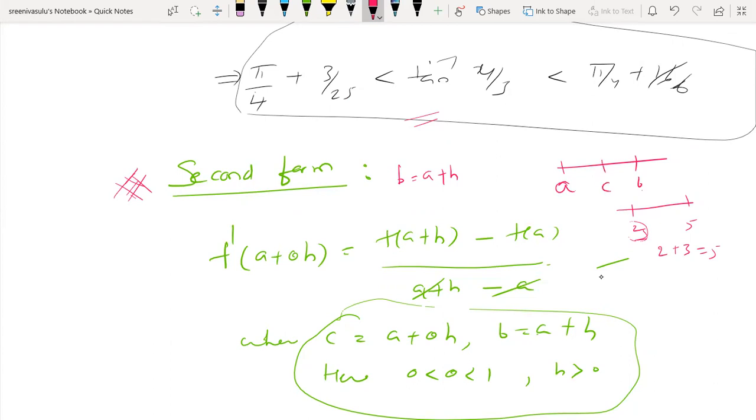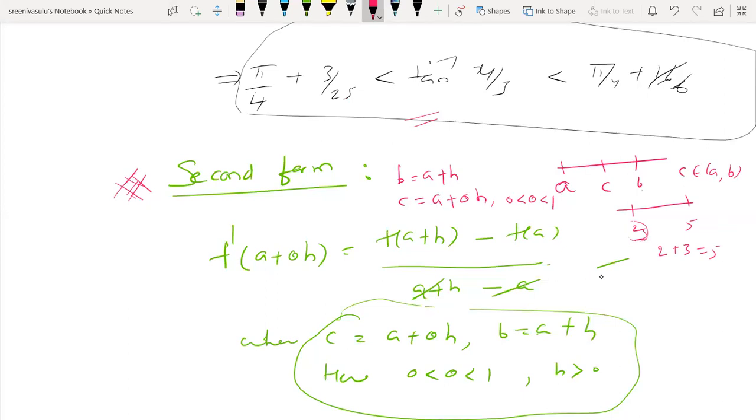C is an intermediate value. By Lagrange's mean value theorem, c is a point that lies between a and b. It is not equal to a as well as not equal to b. Therefore, c is in the form a + θh, where 0 less than θ less than 1. If you choose θ = 1, we get a + h, that means c equals b.